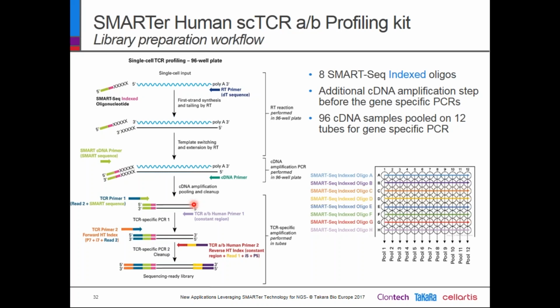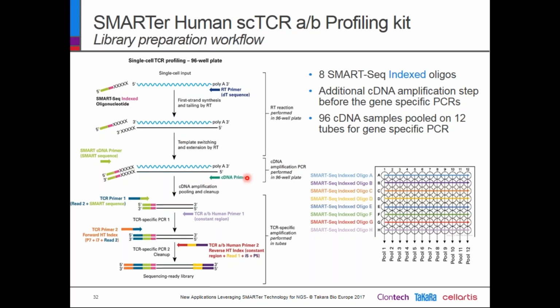So for that, we have adapted the protocol that I showed a little bit earlier, and we got a smarter human single cell TCR alpha and beta profiling kit. It looks similar to the standard workflow that I mentioned before, but there are some key differences. The main difference is that we are using here in the template switching oligo an indexed oligo, and we include 8 of them, as you can see here, from A to H. So this allows us to pool samples afterwards.